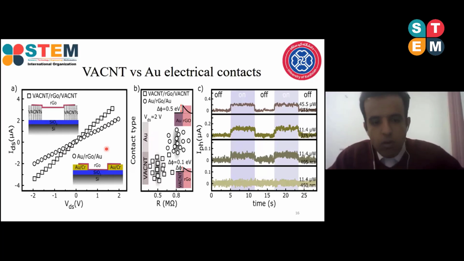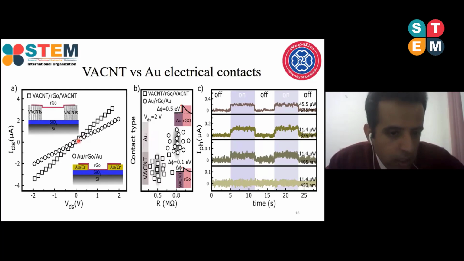We test two kinds of contact, vertically aligned carbon nanotubes and also gold contacts, to show the electrical performance of our device. In the case of carbon nanotubes, because the height of the carbon nanotubes is around 2 microns, we have a kind of suspended RGO layer compared with the gold structures, where graphene is on the channel and the oxide layer.